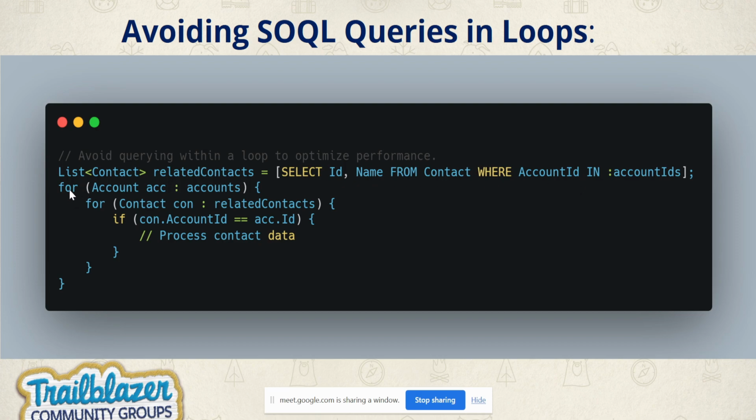Under this for loop I'm querying the contact, and again the related contact for this account. But here you can see two loops. That is not good practice, and please keep in mind, if you optimize this code, always avoid SQL queries inside the loop, right? And use collections like list, set, or map. Increase the performance using all these collections.